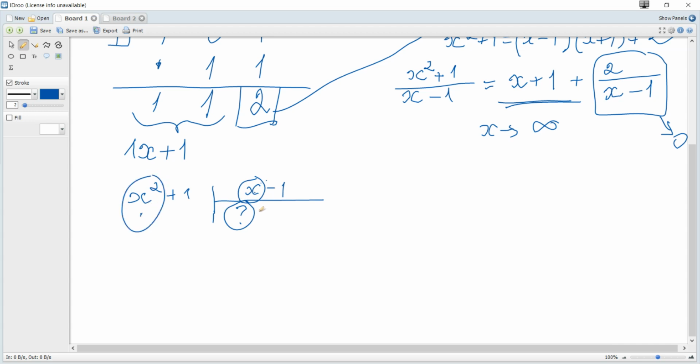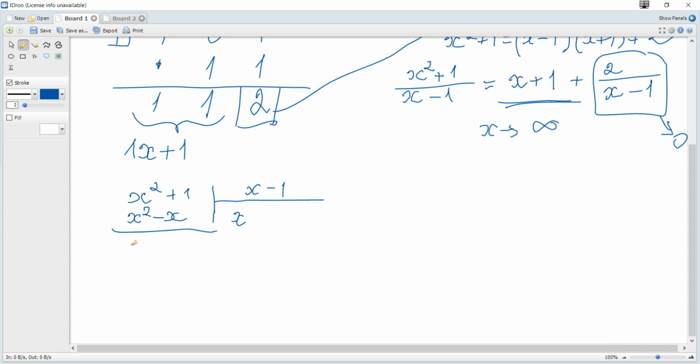So it must be x, and now I multiply x by x minus 1 and get x squared minus x. The next step is this row minus this row, so it is equal to 1 minus x.